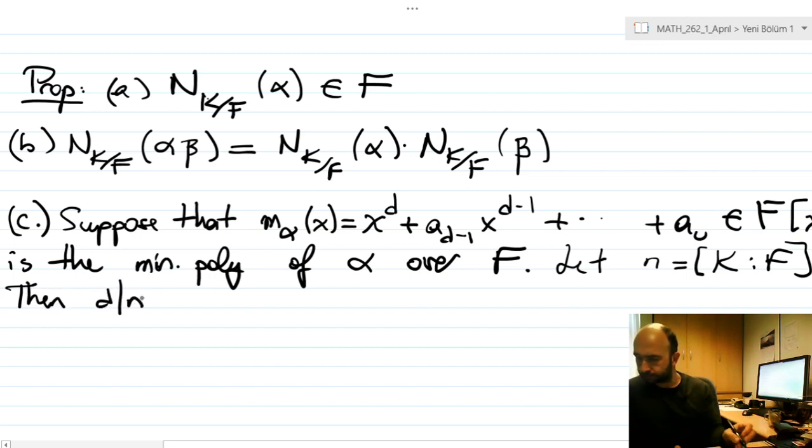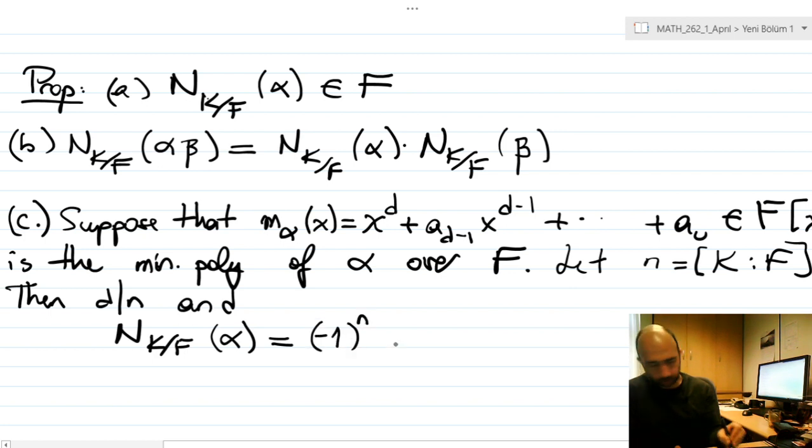And the norm of alpha is (-1)^n times a_0, this constant coefficient in this polynomial, to the power n over d.